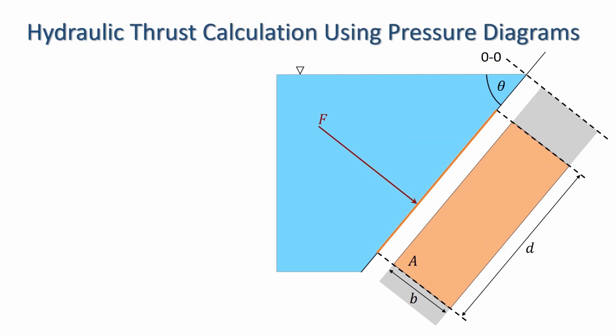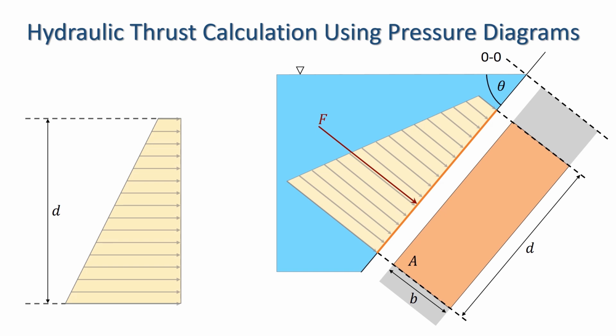We now have a complete method for calculating the hydraulic thrust on plane surfaces without using the direct formula. We know the force is perpendicular to the plane, so we only need to find its magnitude and line of action. First, we look at the pressure diagram.